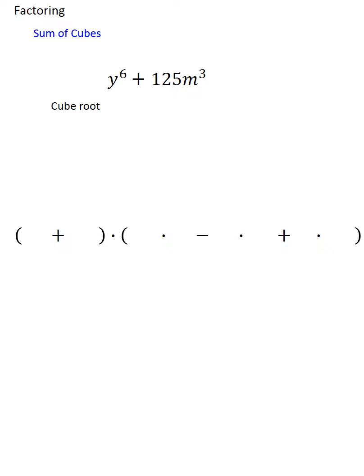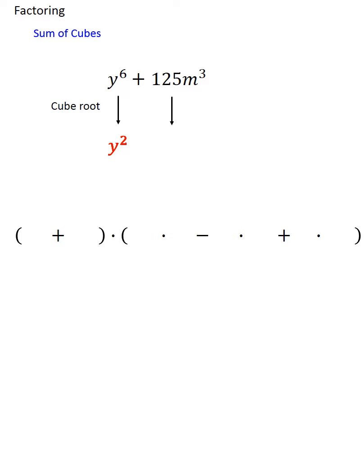Alright, cube root time. The cube root of y to the sixth. That means what times itself again would equal y to the sixth. Well, y squared times y squared times y squared is y to the sixth, so there's my cube root of the first term. Now the cube root of 125m cubed.